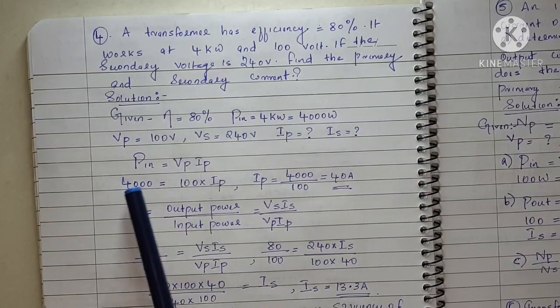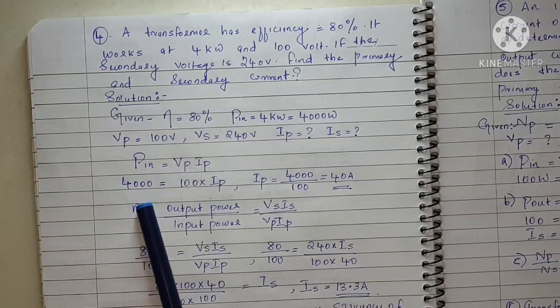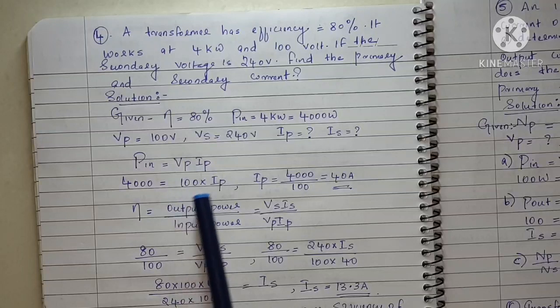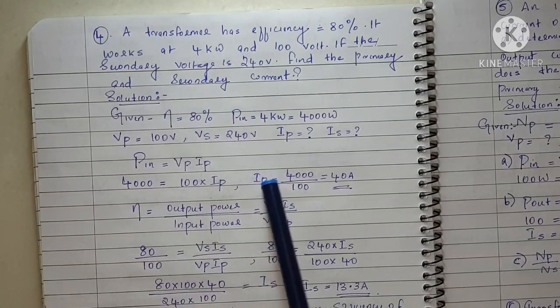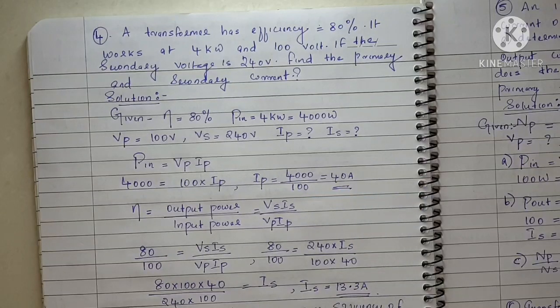We know that the power equation P in equal to Vp into Ip, that is 4000 equal to Vp is given 100 into Ip. Ip can be found out as Ip equal to 4000 by 100 equal to 40 amps. Also we know that the equation for efficiency equal to output power by input power in terms of power. So it can be written as Vs Is by Vp Ip.